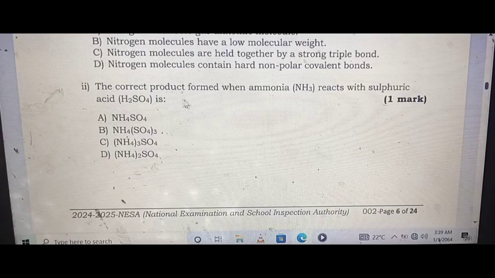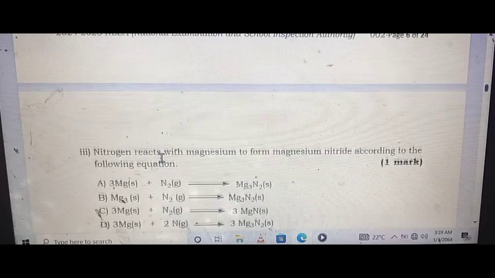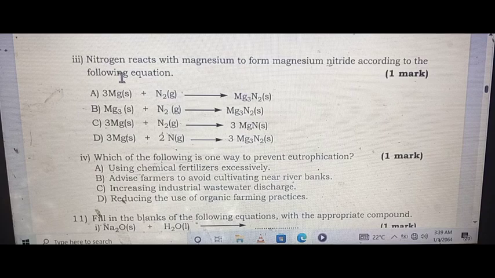2. The correct product formed when ammonia reacts with sulfuric acid is... The correct answer is letter D, ammonium sulfate. 3.